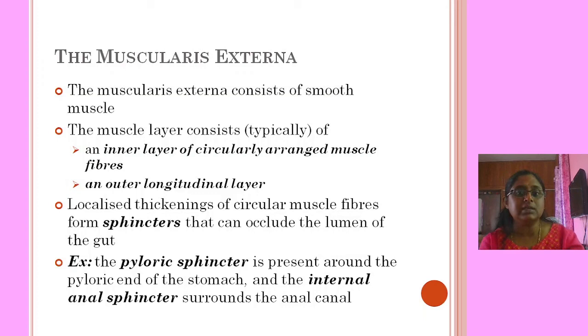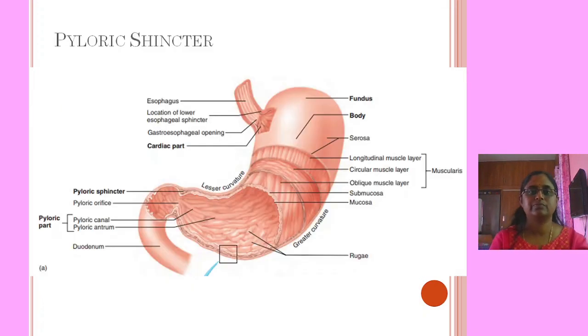The localized thickenings of these circular muscle fibers form the sphincters, which can occlude the lumen of the gut. Examples are the pyloric sphincter, present around the pyloric end of the stomach, and the internal anal sphincter, which surrounds the anal canal.